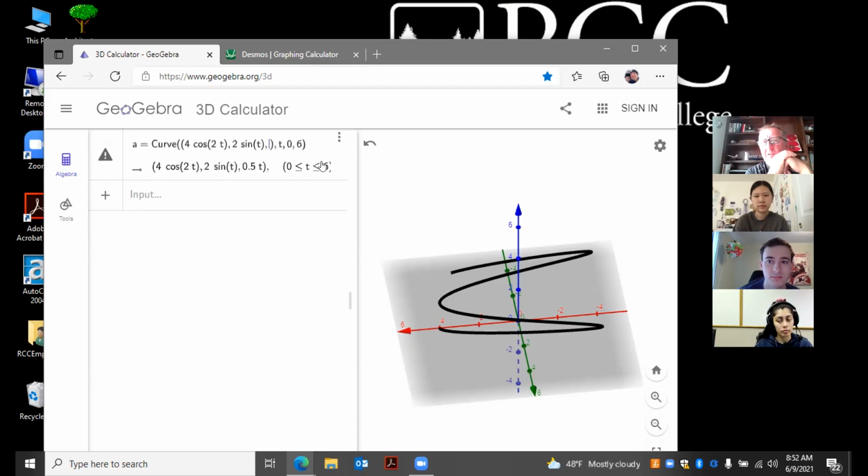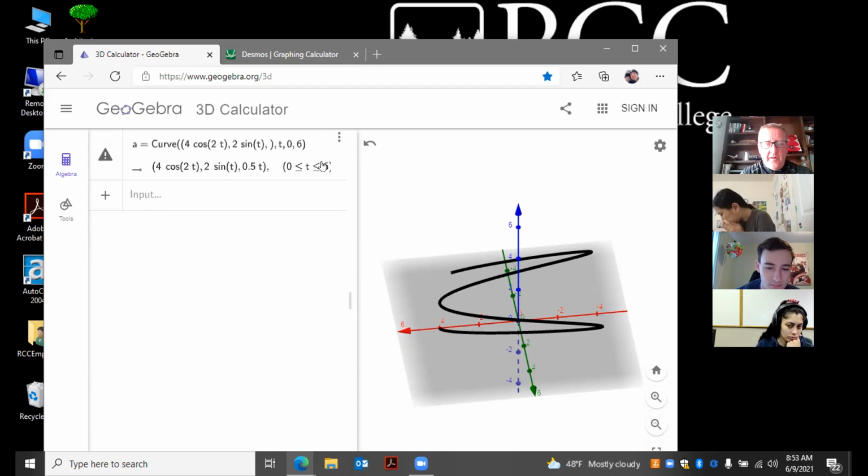And then it gets to pi. What's the cosine of pi? That's -1. So it's going to go from 1 to 0 to -1. And then at 3 pi over 2, it's back to 0 again, and at 2 pi, it's back to 1 again. So it's going to go from 1 to 0 to -1 to 0 to 1.